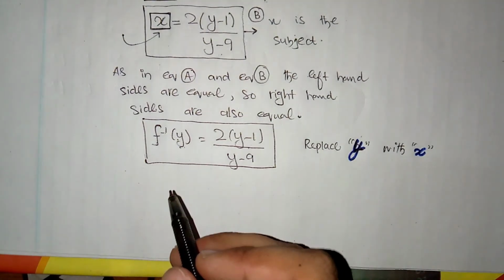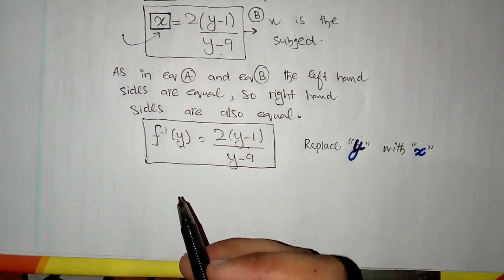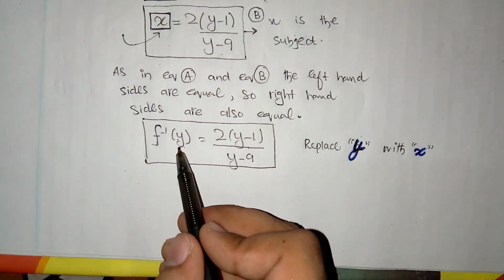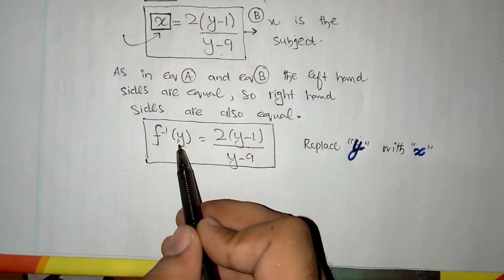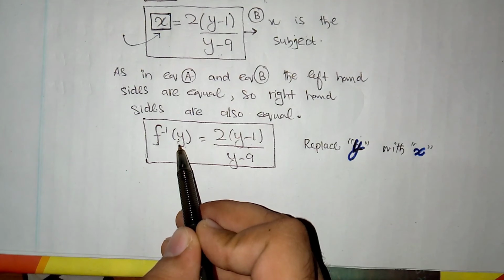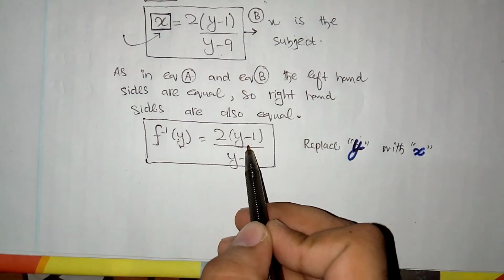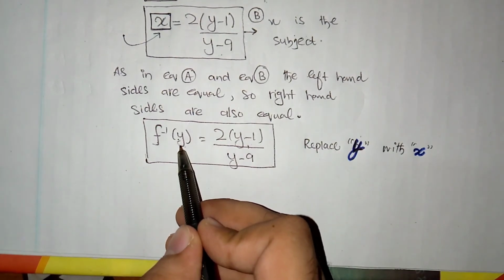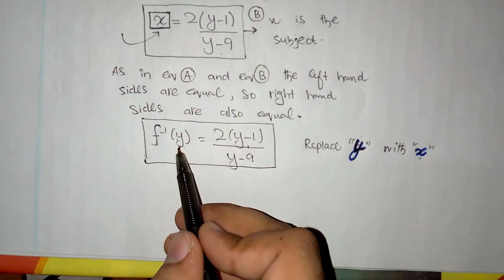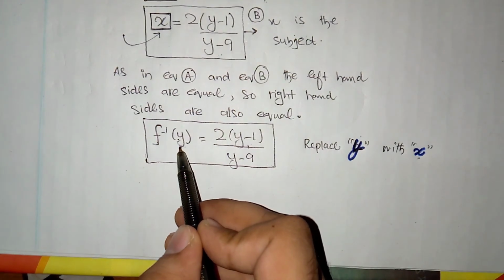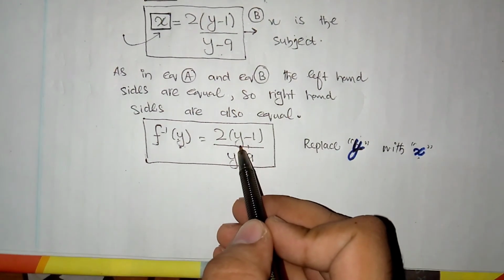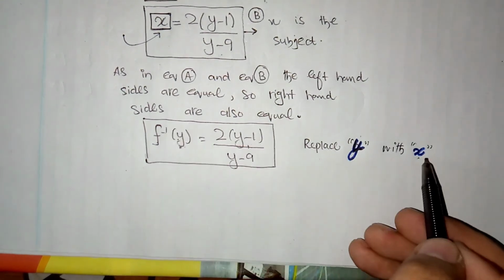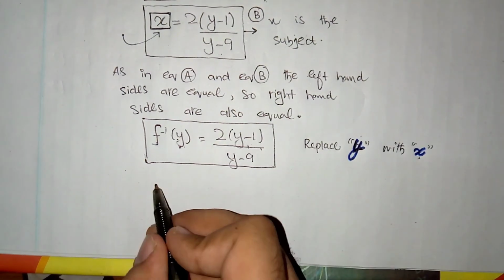I told you a basic concept of mathematics: what happens on one side must happen on the other side. If I replace y with x on the left side, then I must replace y with x on the right side.